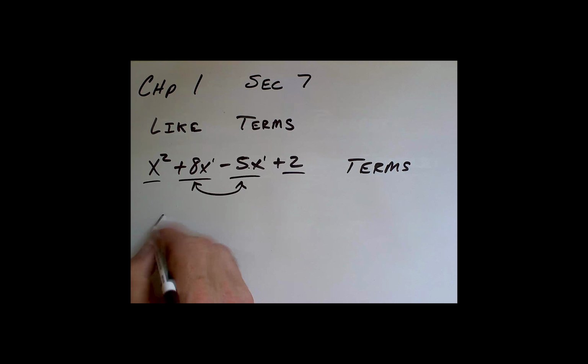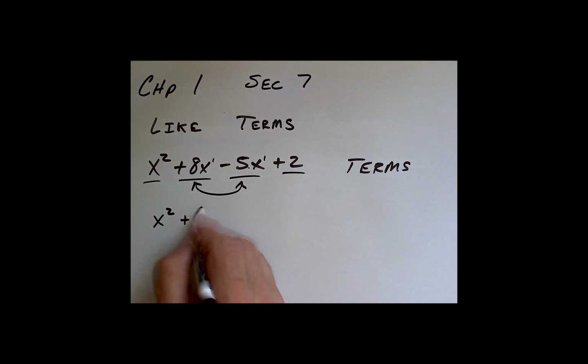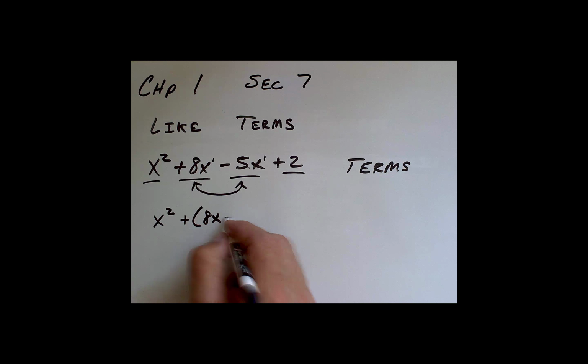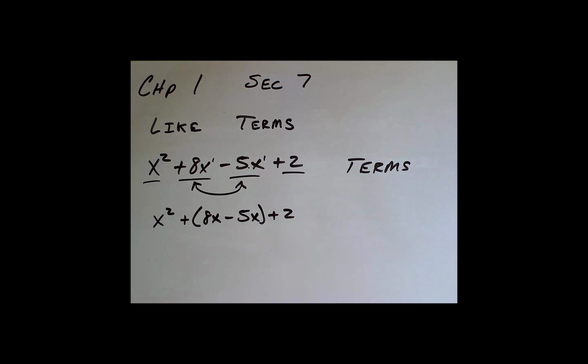So let's write this out again. x squared, and we can put a plus 8x minus a 5x plus 2. And we can combine these two terms. So 8x minus 5x. Remember, we're going to combine the coefficients in this case, and we're going to keep the x term the same.